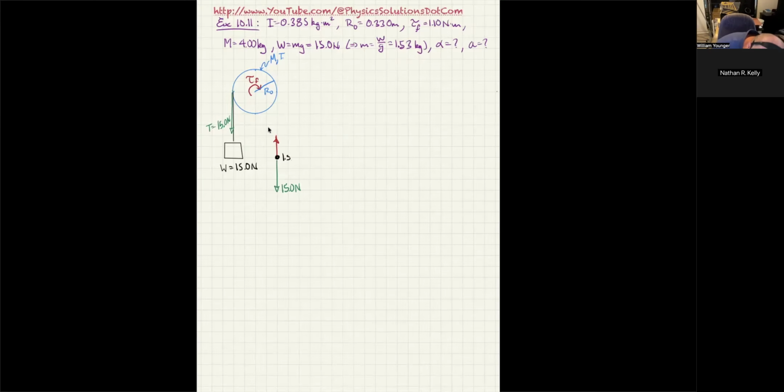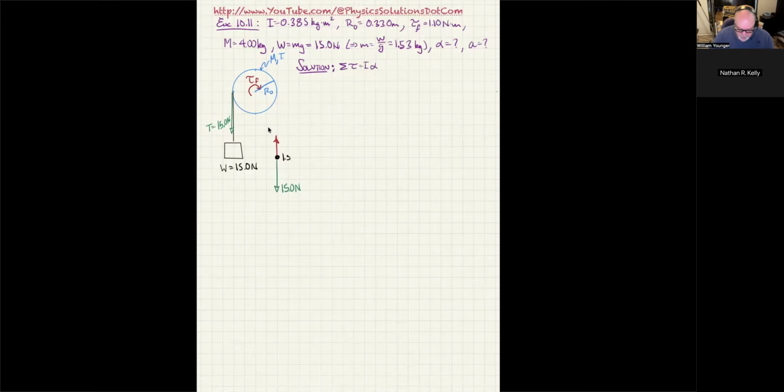So now we begin. The solution is going to require us to apply some equations, so I normally use this space to write down the equations that we're going to need. Of course, Newton's second law for rotation: the summation of the torques equals I times alpha.